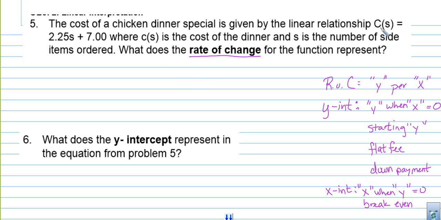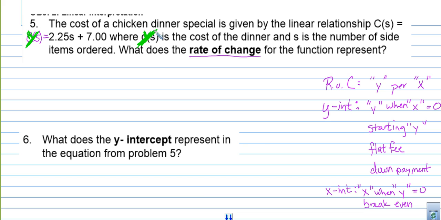So I know the thing broke down and went on two different lines, but if I write them side by side, okay, what's where y normally is? The y is normally y equals mx plus b. So that means c of s is really like our y, okay?